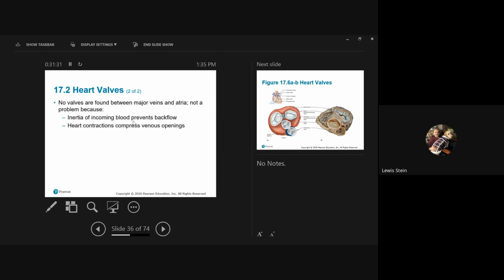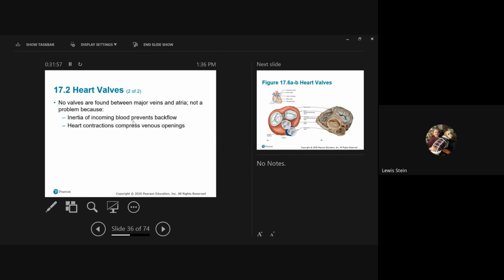And with veins, you'll see that the return of blood has a lot to do with the initial pressure that the blood is ejected at. So it gets all the way down to your feet, and it still has some pressure left to start to work its way up, but that's not enough pressure to get up to your heart. So we have to rely on the valves, and basically the valves ensure something called segmental flow.